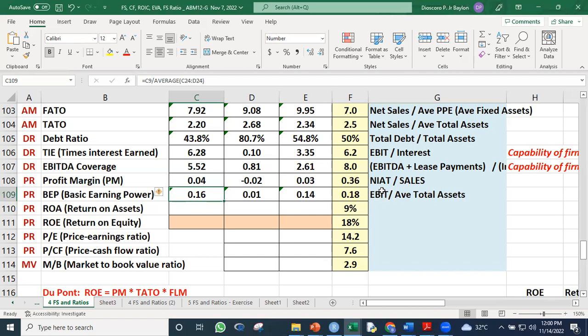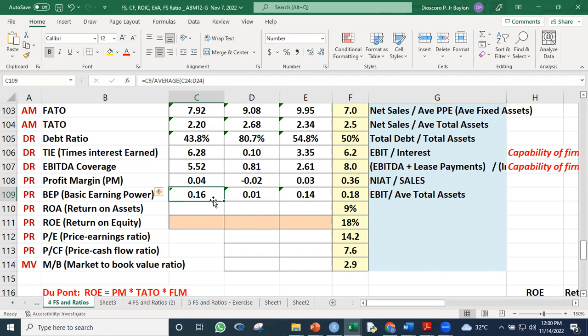This is your EBIT, di ba? Operating profit. Hindi siya yung net income after tax class, remember. Hindi siya yung profit margin. Okay? Iba yung operating profit margin sa profit margin. Ang operating profit margin is EBIT divided by sales. Ang profit margin is net income after tax over sales.